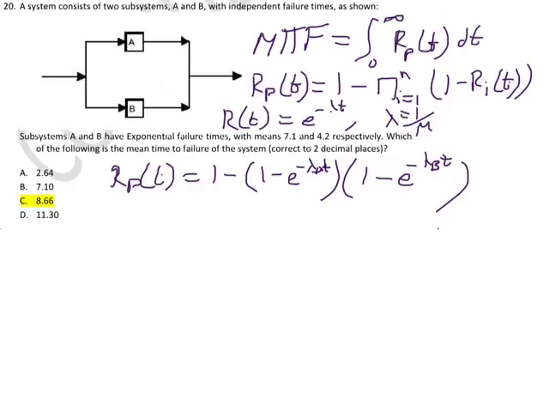I'm not putting those values in yet because it gets fiddly to write a lot of fractions all over the place.